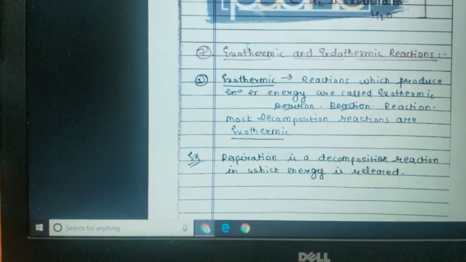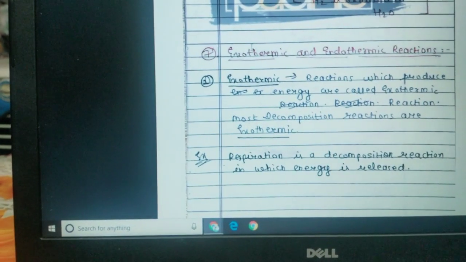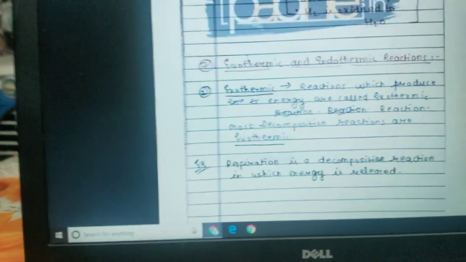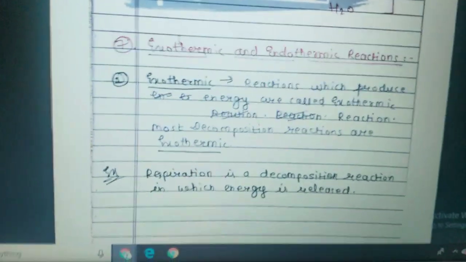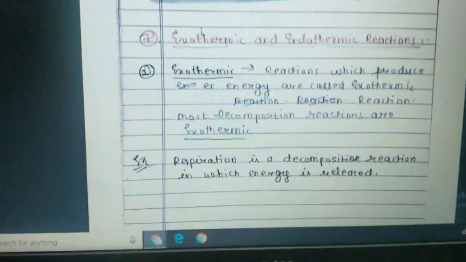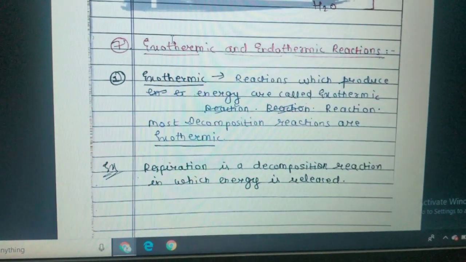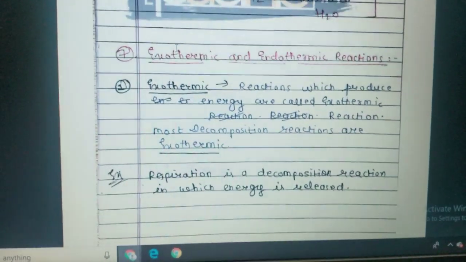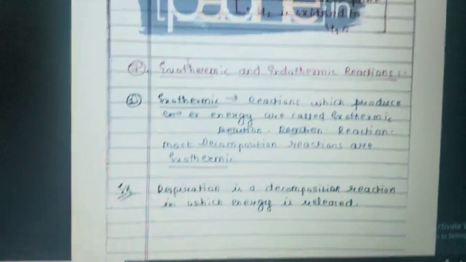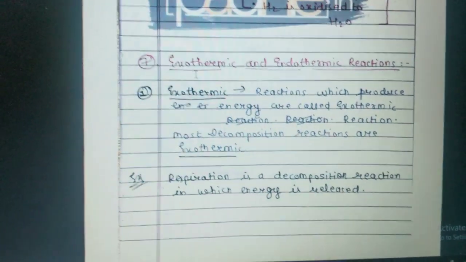Next is exothermic and endothermic reaction. First, exothermic. Reactions which produce energy are called exothermic reactions. Most decomposition reactions are exothermic.